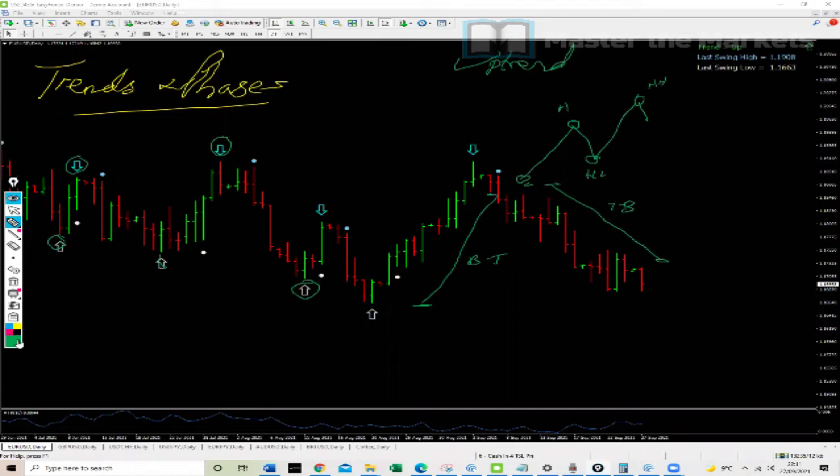And let's move to a downtrend. For a downtrend, we'll define this as a formation of consecutive lower lows and lower highs.